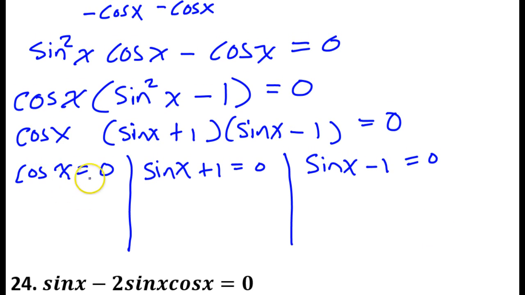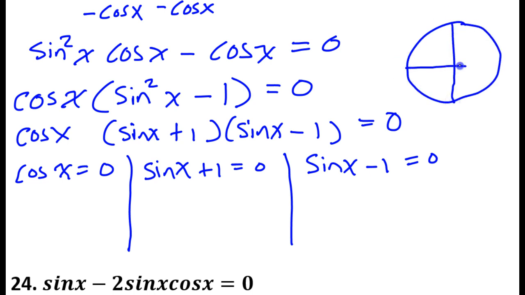Cosine of what angle is equal to 0? Well, in the unit circle, cosine is the x value. So where is the x value equal to 0? Right in the middle. The x value is equal to 0 here and here.